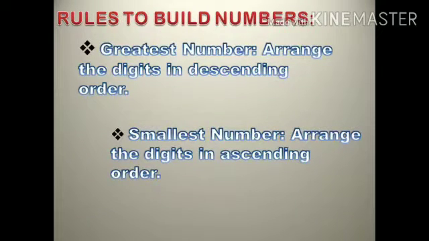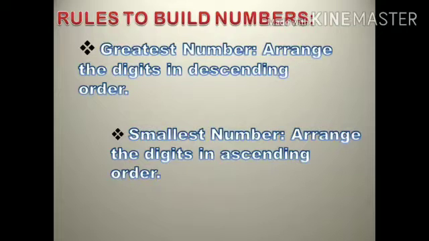Children, for building numbers, there are some rules to be followed. What are the rules? First one, for building greatest number, you have to arrange the digits in descending order. That is, from big to small number.